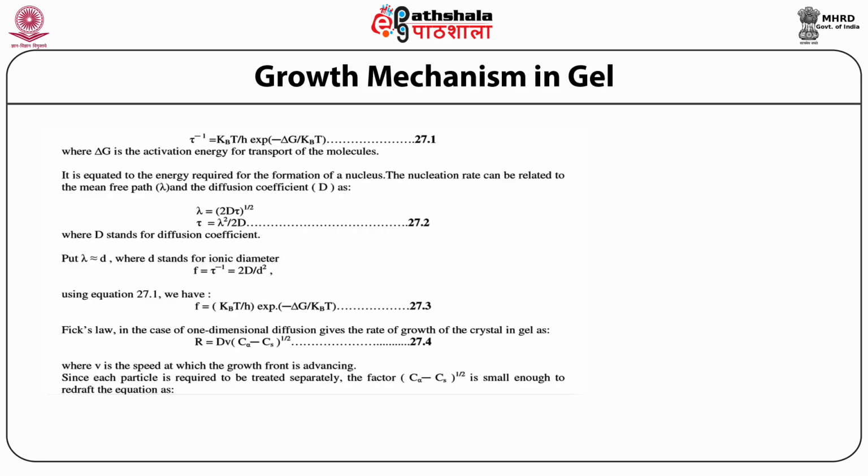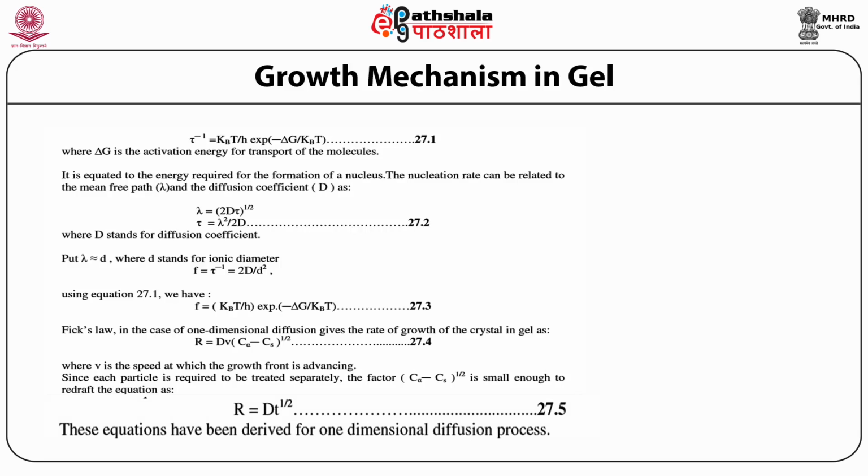Since each particle is required to be treated separately, the factor (Cα minus Cs)^(1/2) is small enough to redraft the equation as R equal to D into t^(1/2), which is given as equation 27.5.